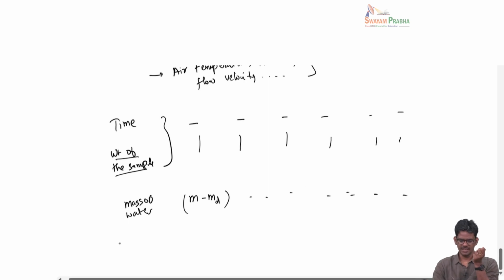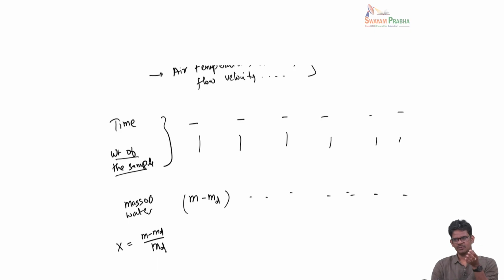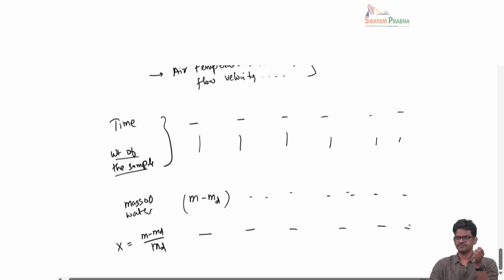Okay, so then I can define moisture as m minus md over the mass of dry. Okay, this is our moisture. Moisture is defined as kilogram of water over kilogram of dry material. Okay, so I can find out this moisture as a function of time.